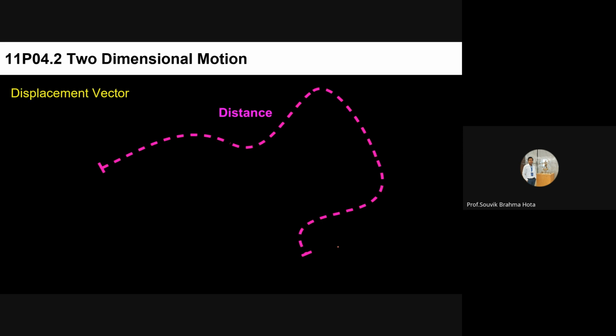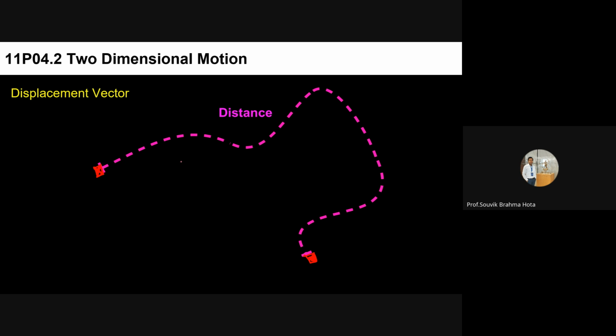Now we know this is a distance. If we start from this point and want to reach this point, the curvy ways are actually the distance.